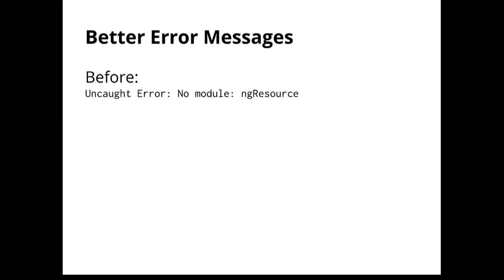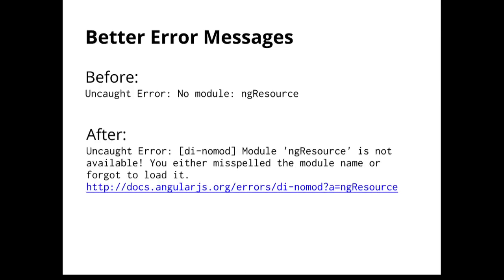You don't want Angular to be bloated to like 50 or 100 kilobytes. And this is something that we really strive not to do. So we thought, how could we just give you a good error message? For example, module ngResource is not available. Maybe you misspelled it or you forgot to load it, and even provide you a link to a page where you can read more about this stuff. And do this in a way that would not bloat Angular.